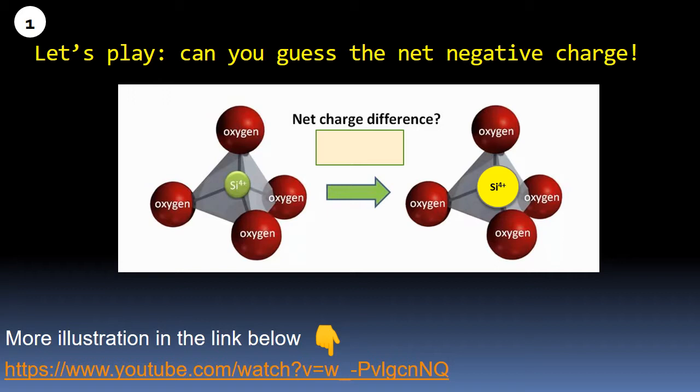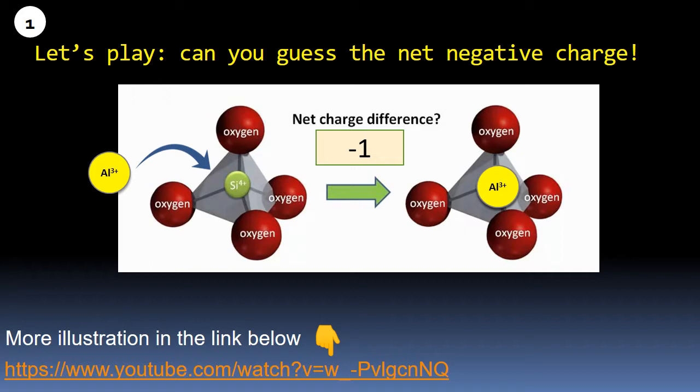So what would happen now if we exchange the silicon in the tetrahedron with aluminum, which is 3+? What would be the net negative charge? Think for a moment. Okay, let's see it together. When you replace the silicon, which is 4+, with aluminum, which is 3+, it's the same size but a lower charge, and it ends up with an unbalanced negative charge.